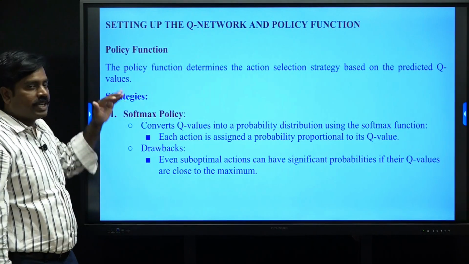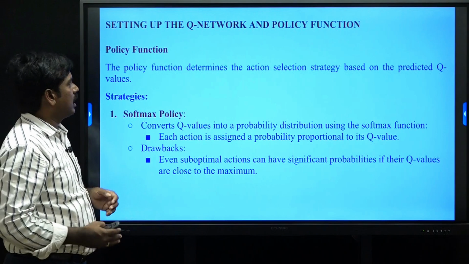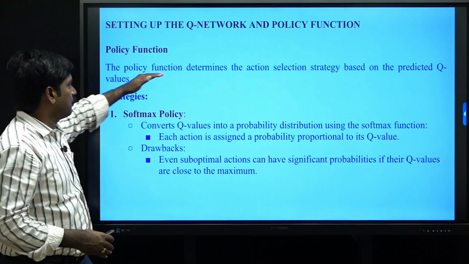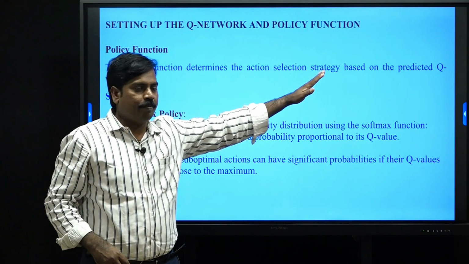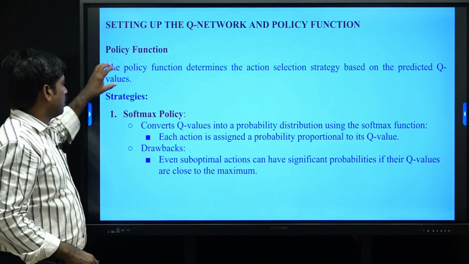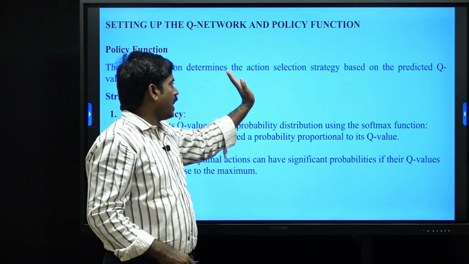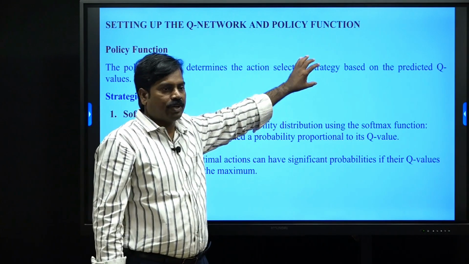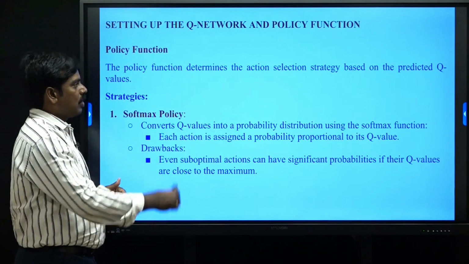The policy function is the mapping between states and actions. It determines the action selection strategy based on the predicted Q values, that is, which action gives the best result.